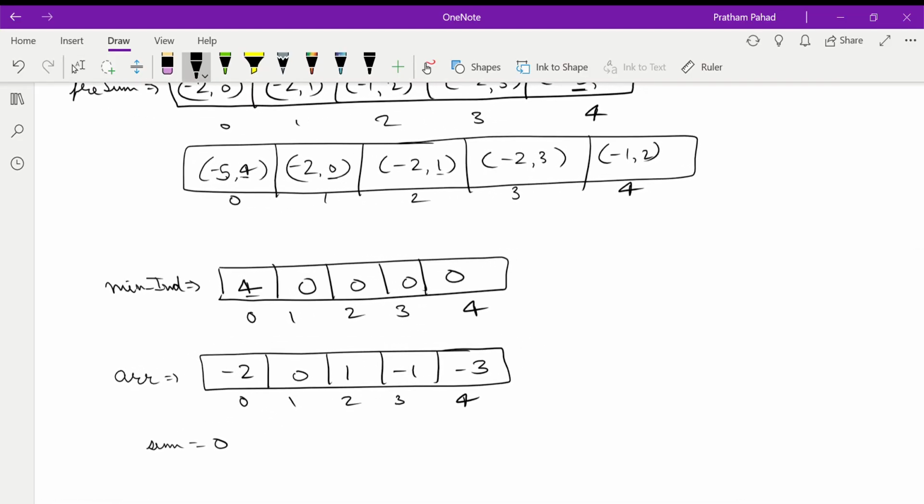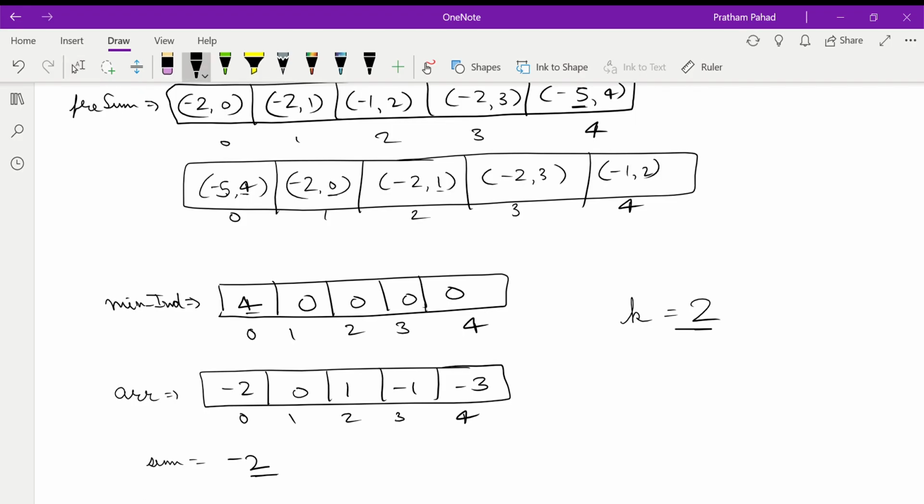Firstly, sum equals sum plus array of i. Currently our prefix sum is -2. We'll check if our sum is greater than k; our k was 2. It is not greater than k, so we'll find the minimum index where the value is greater than our current sum.